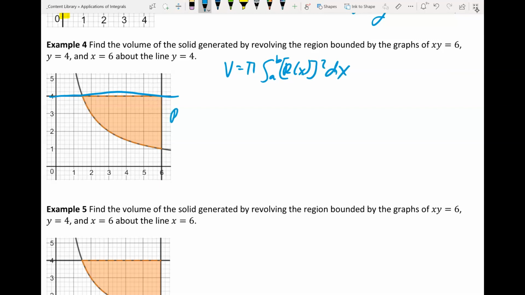And when we figure out our R, it's going to be top minus bottom. So our top is going to be the line y equals 4, and our bottom is this xy is equal to 6.